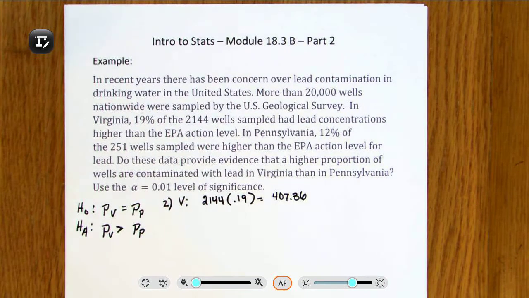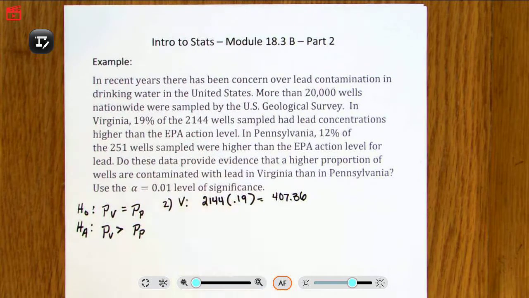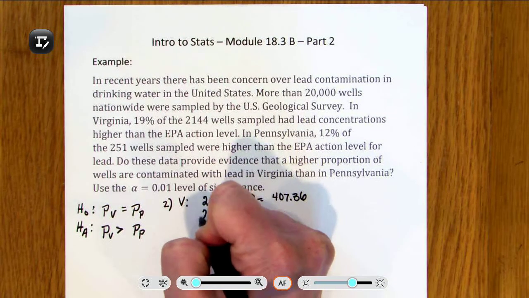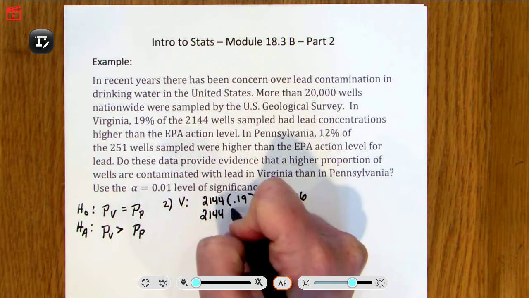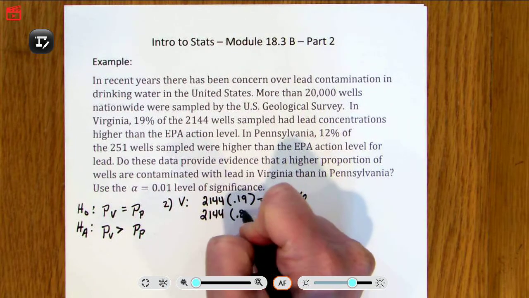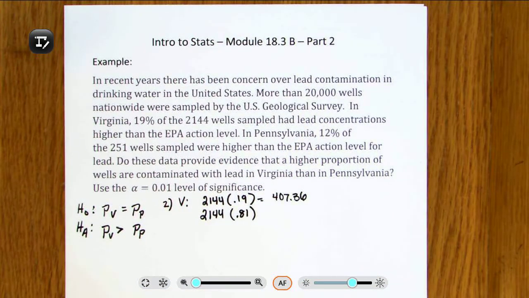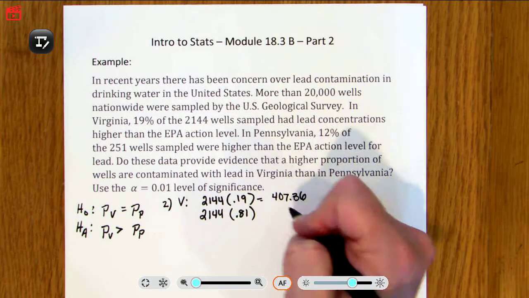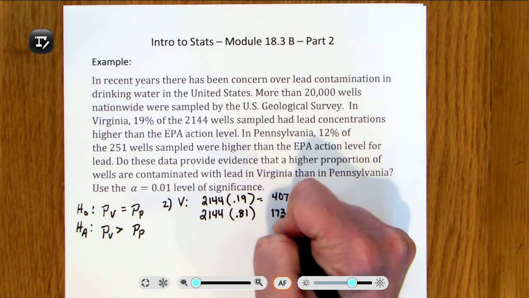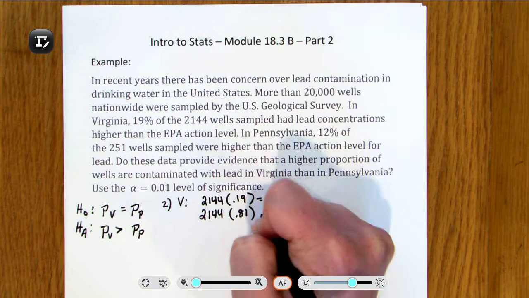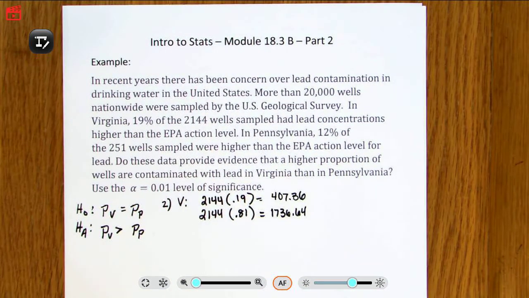Okay, I don't know how you get part of a well. I'm guessing they probably rounded. So 2144, and this would be then 0.81, and we have 1736.64.